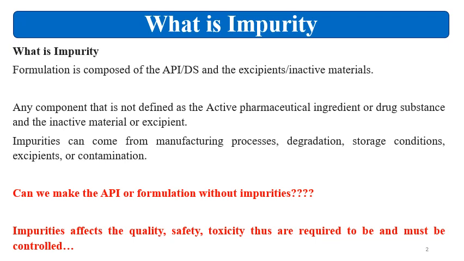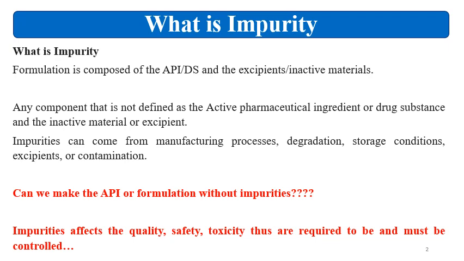Now, these impurities can come from manufacturing processes, degradation of the active material during storage conditions, from excipients, and or due to contamination of the formulation or the active pharmaceutical ingredients. So the sources of impurities are the manufacturing process, degradation, storage condition, excipients, and contamination.